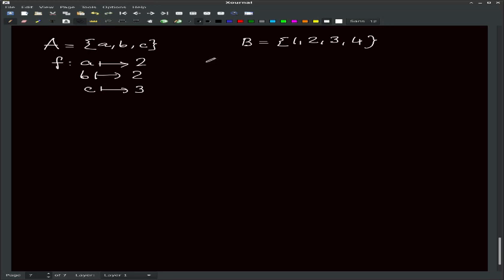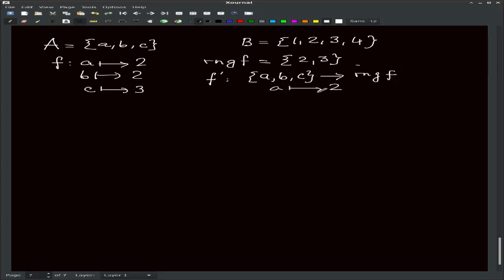So you can see that the range of f is nothing else but {2, 3}. Your f prime is therefore A, B, C to the range of f, which does exactly what you wanted.